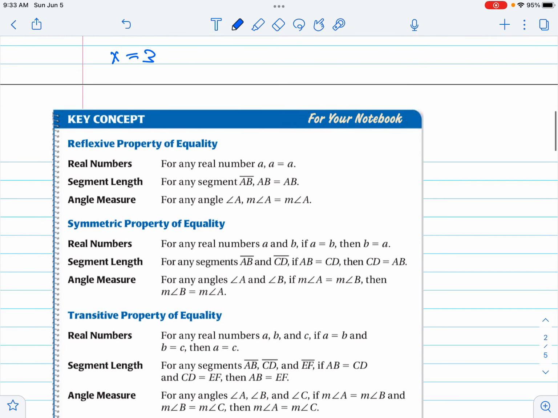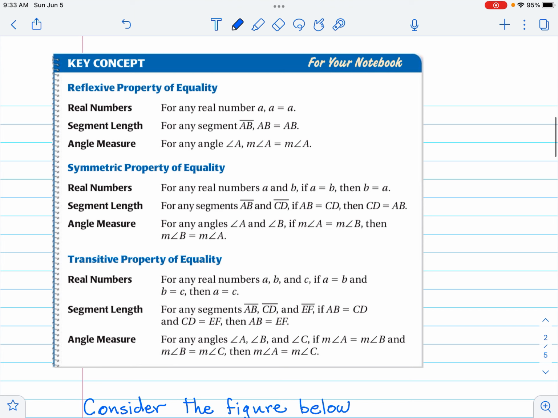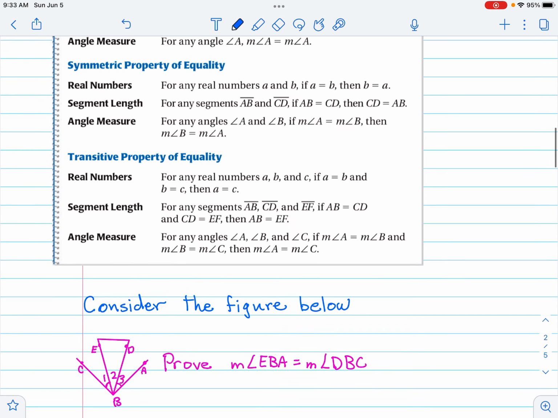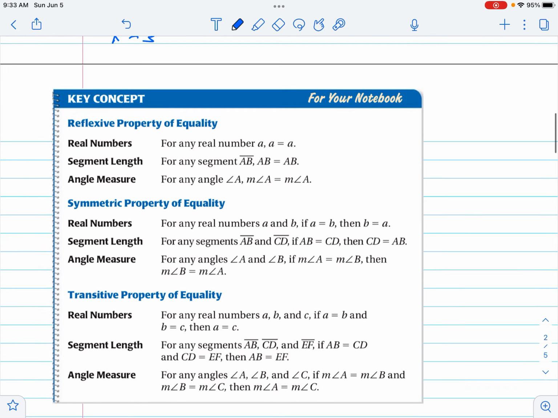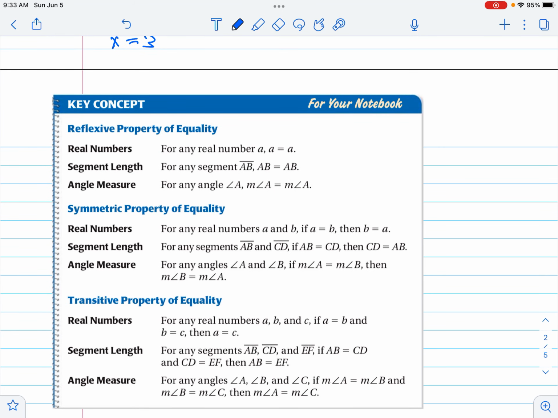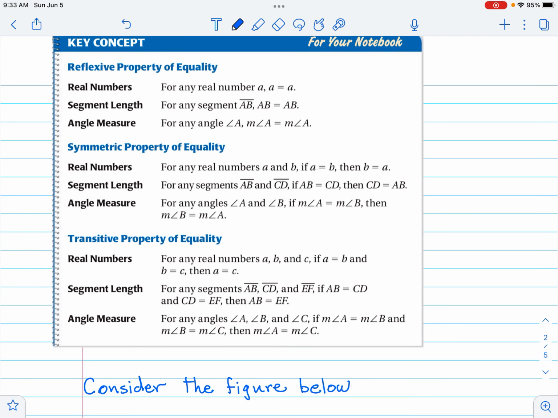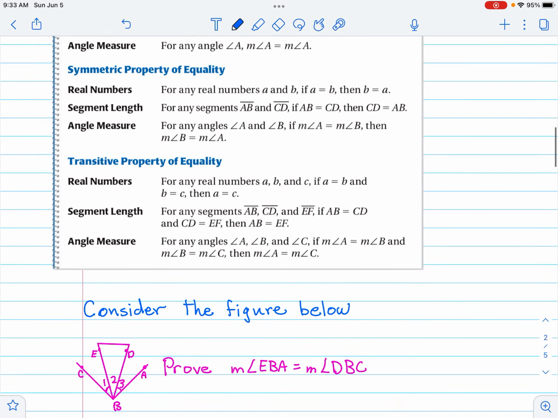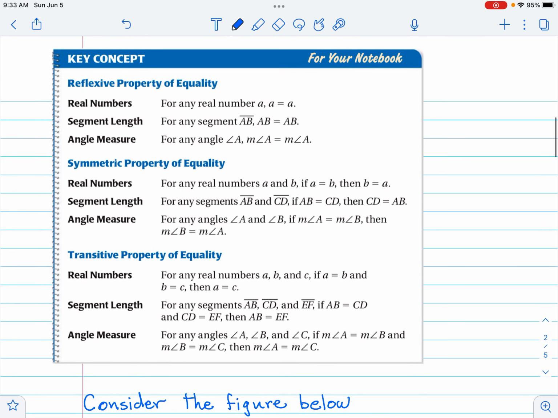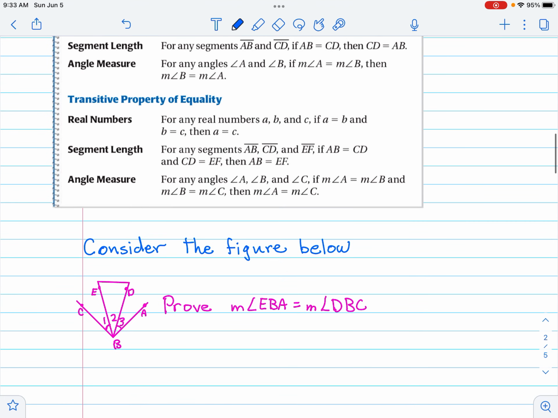Now let's look at one that's geometrical. We've got some properties here that I'm going to refer to. I don't need to read them all out to you; you can pause the video and read through them if you want. I want to play the same game that I played with that equation, but in a geometrical situation.